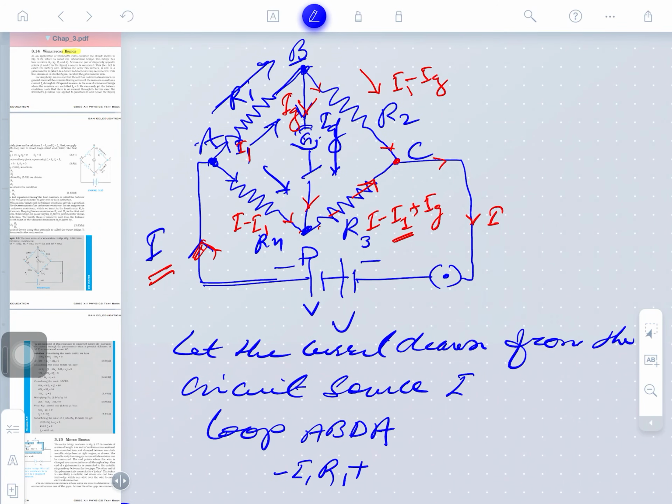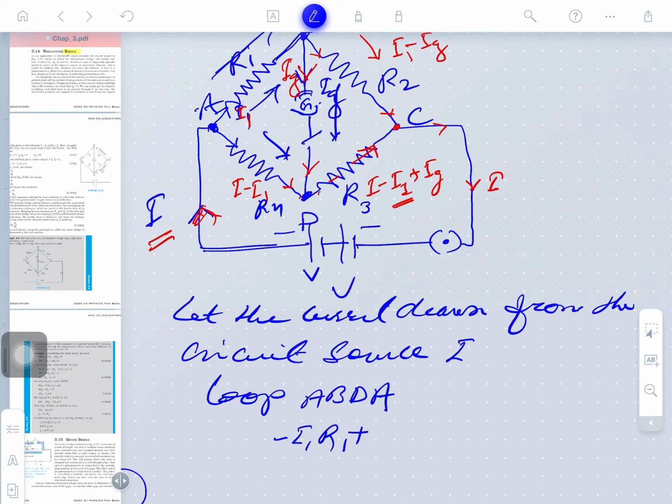Next, in the direction of Ig, that means minus of Ig multiplied by some resistance, suppose we represent it as Rg, resistance Rg, okay.